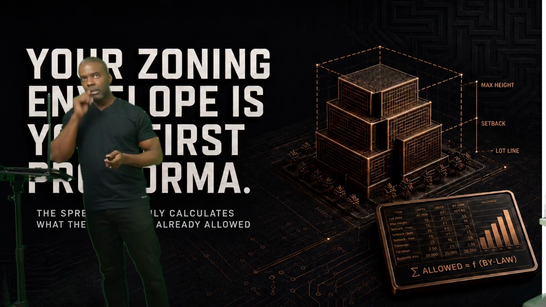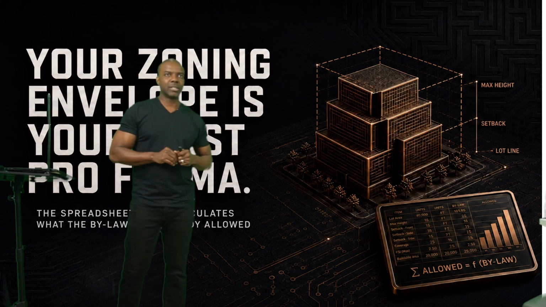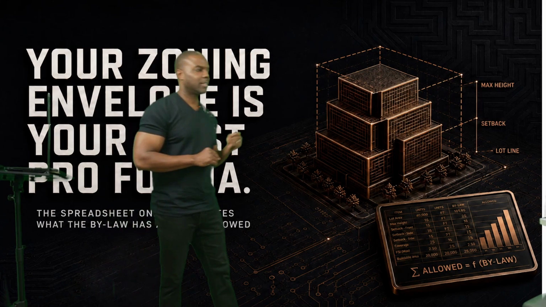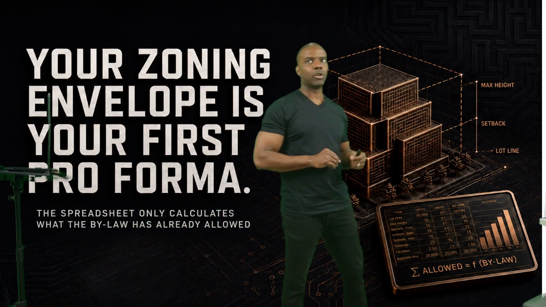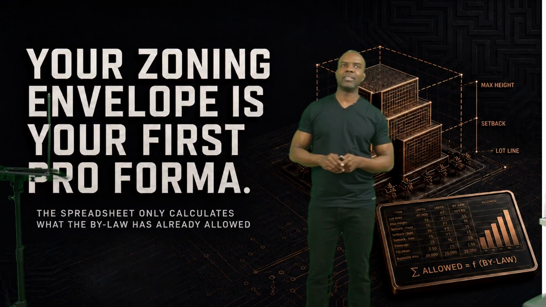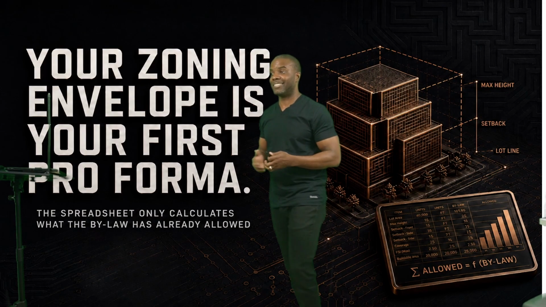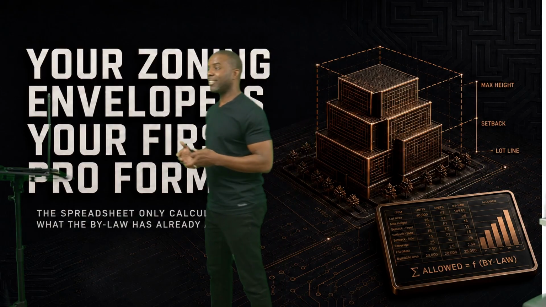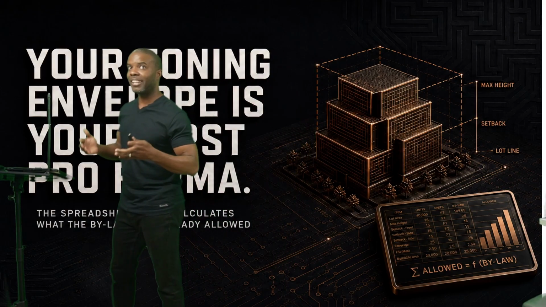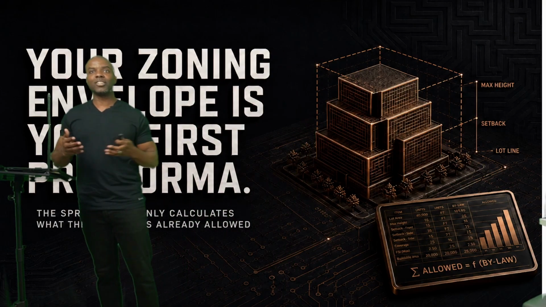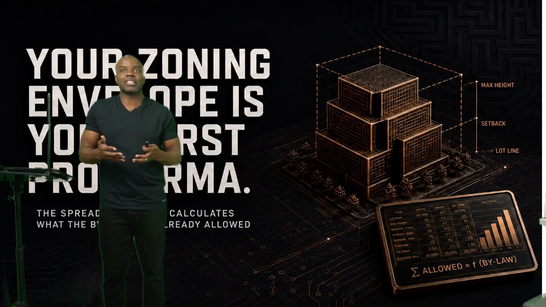Then this is a quite important piece that I'd like to mention, is that your zoning envelope is your first pro forma. And most people struggle with that, but the reality is, this is what it is. If you don't actually lock your zoning information, you don't even know what you're running as your pro forma numbers.